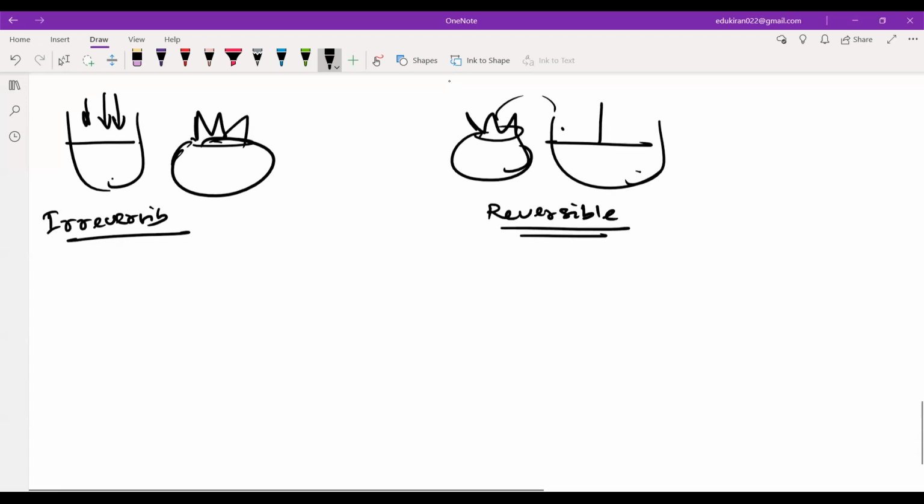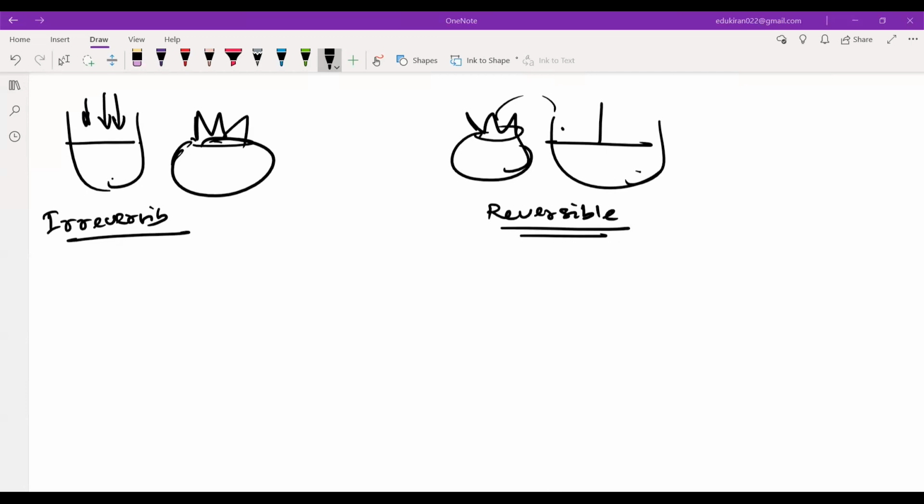Now you tell me, in both cases I will have to do work to put sand on the piston, yes or no? Yes. In both cases, will the work I do be the same or different? It will be different.